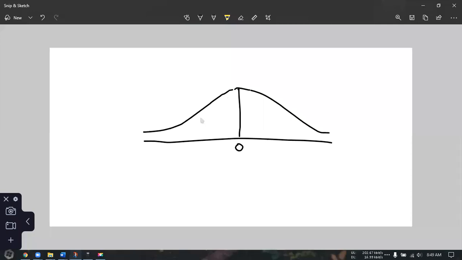One is on the left side and one is on the right side. But in this case, the two given values were located on the same side of the distribution.